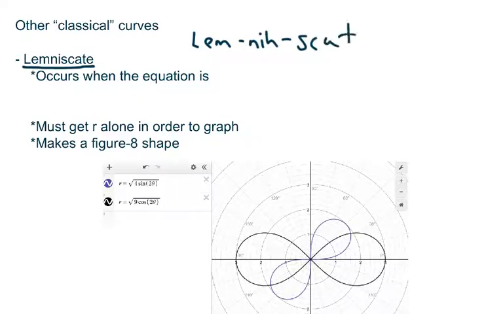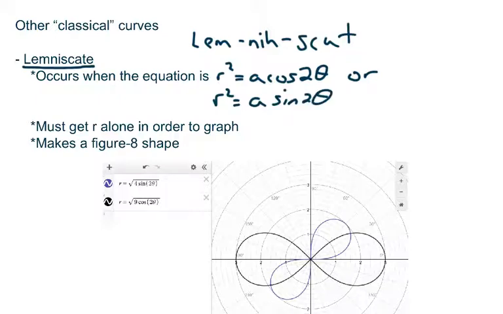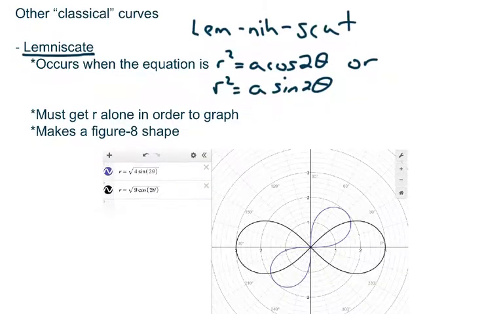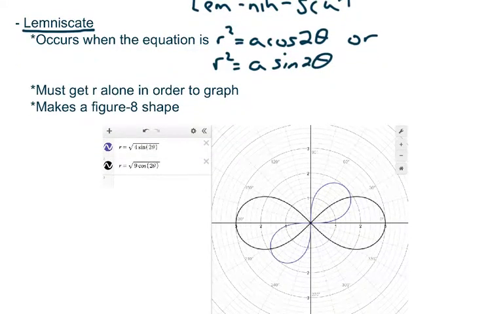These occur when the equation is r squared equals, the book says, a cosine of 2 theta, or r squared is equal to a sine of 2 theta. Now the key here, when you want to graph it, is you have to get r alone, so you have to take the square root of both sides to get r by itself. The shape here is like a figure eight or the infinity sign.